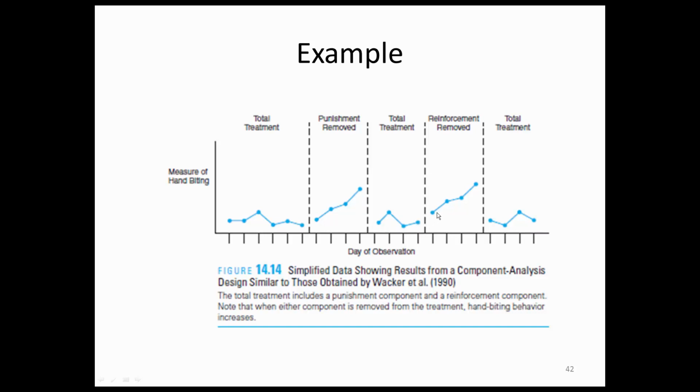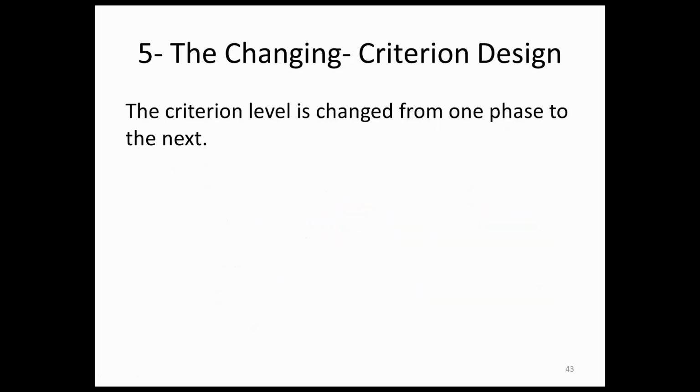And then you remove reinforcement, so you have punishment only, and you see the score goes up. And in the last phase, you go back to what you had before, which has the total treatment. So this definitely shows that in order for your treatment to work, you have to have both punishment and reinforcement. If you remove one, it's not going to work.